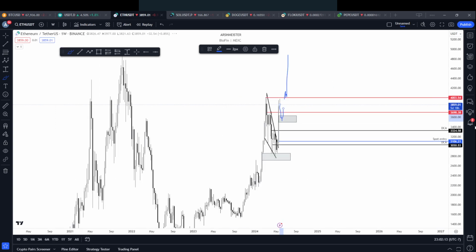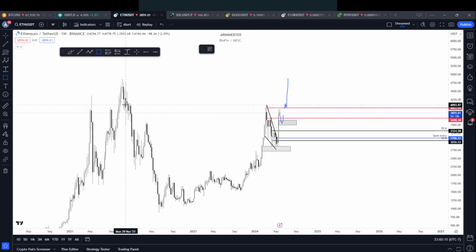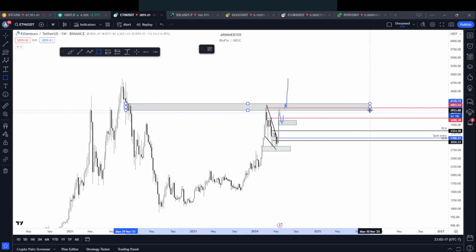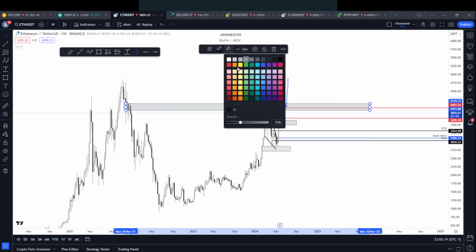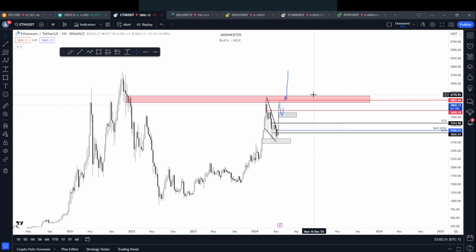I did mention that this is a supply zone for ETH. Okay, so move into that liquidity pocket, grind back up here, and then hopefully take out these highs and then dump back down.